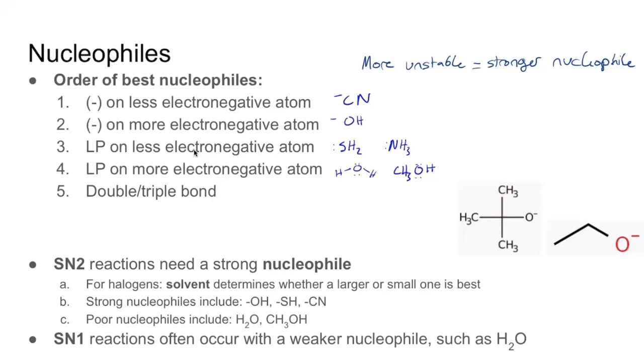You can see all of the carbon sticking off of it, and so it's not going to be able to move very fast, as you might imagine. This is another molecule that has far fewer substituents. If I were to compare the strength of these two nucleophiles, I would say that this molecule on the right is the better nucleophile, just because there's less steric hindrance and this one can move faster.